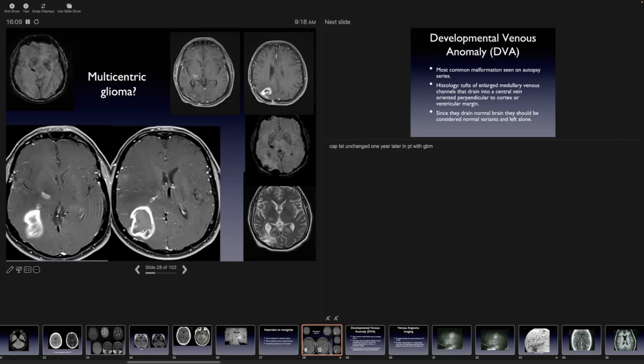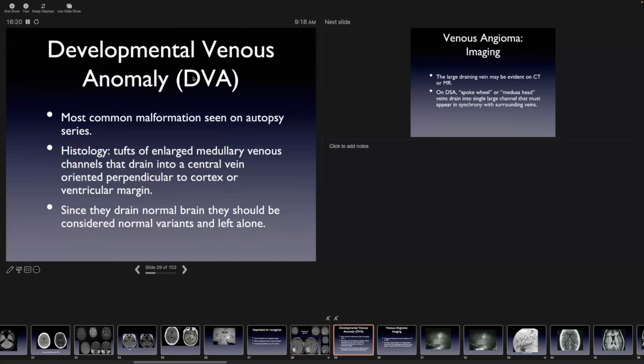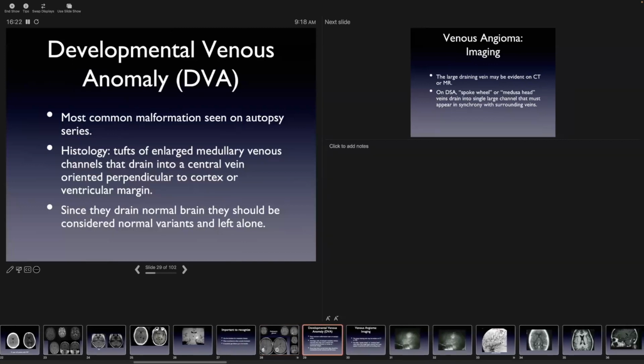So I think it's important, at least in this case, to broach the possibility that this is an unrelated disease, and as I believe proved to be the case over time, as this is unchanged over years, that this is a capillary telangiectasia.